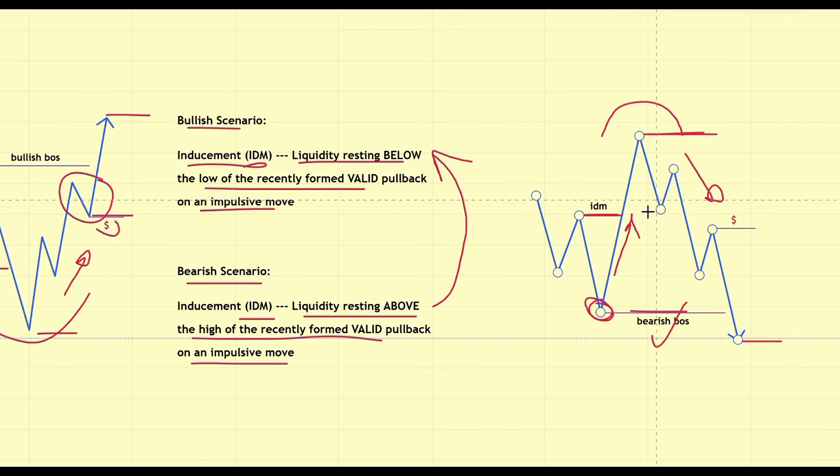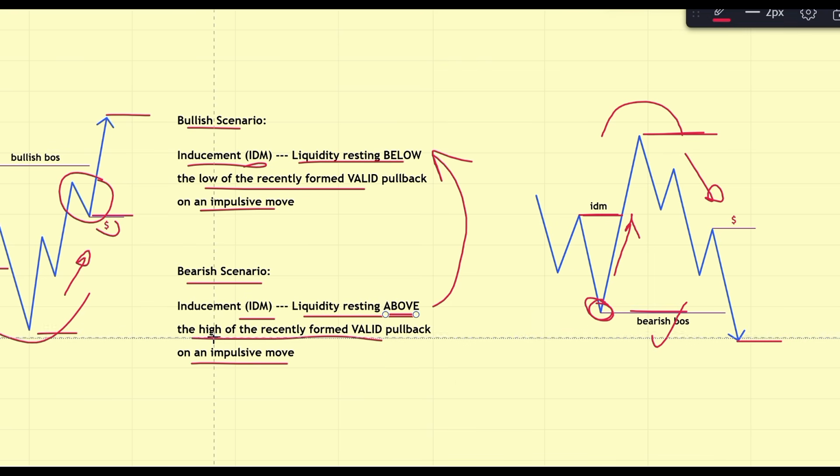Right here we can clearly see our impulsive move, and from the definition we said it's the liquidity resting above the high of the recently formed valid pullback. The keyword here is valid pullback and impulsive move. So we have identified our impulsive move, and the recently formed valid pullback is this one here.